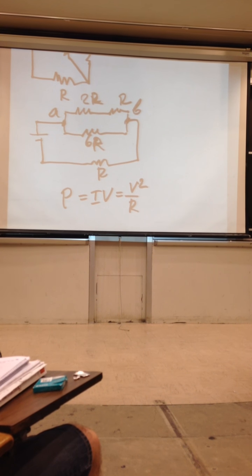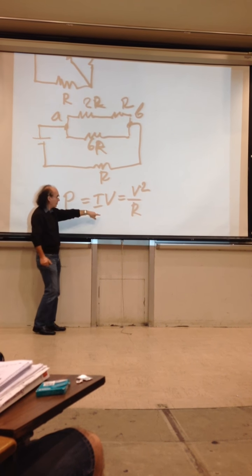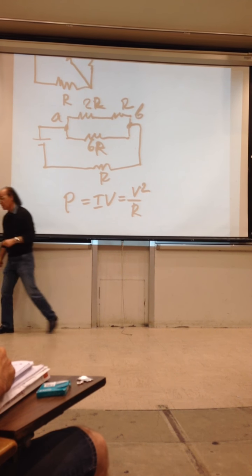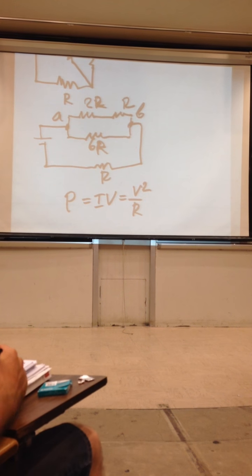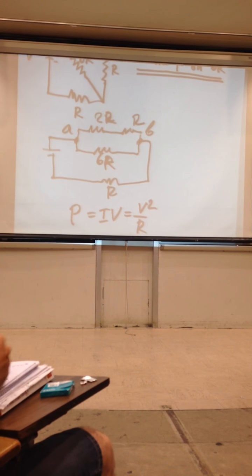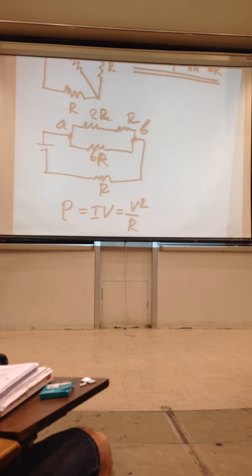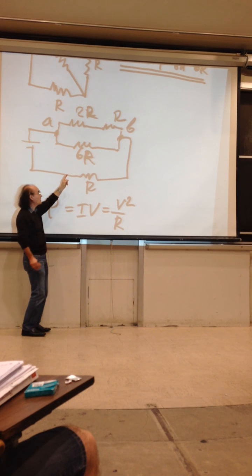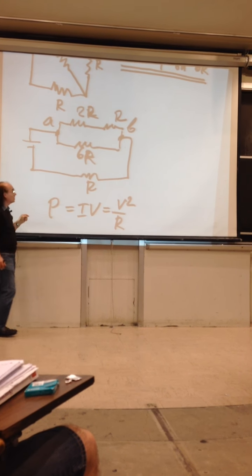If you replace current with voltage over resistance, it becomes voltage squared divided by resistance. Your task is to determine the voltage between points A and B. That's the voltage on this resistor and also on those two.